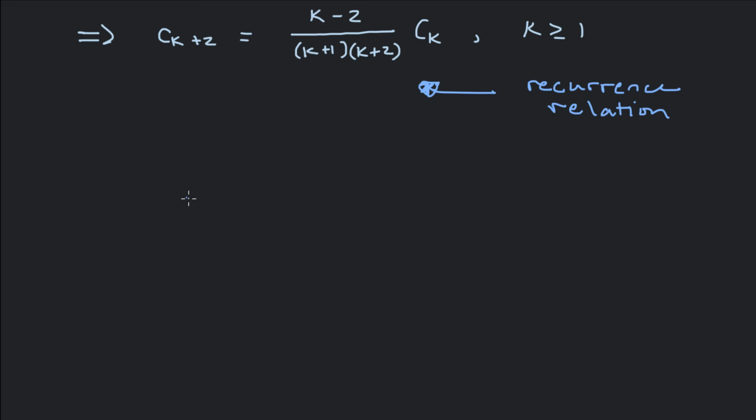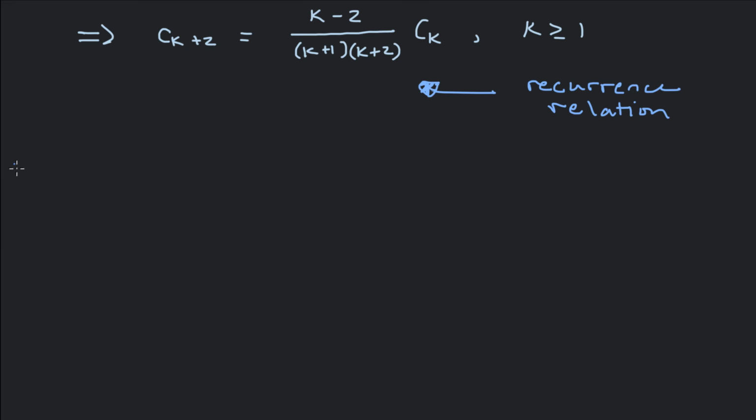What we're going to do is try to expand this out to get at least a little bit of an idea of what the solution, in this case we have two solutions, what they actually look like for the power series. So we plug in different values of k to get explicit terms, C3, let's say, in terms of C1, and then C4 in terms of C2, and C5 in terms of C3, etc. And try to get some kind of relationship going between these coefficients.